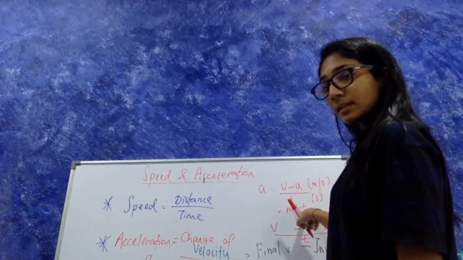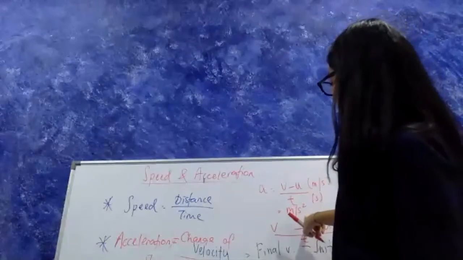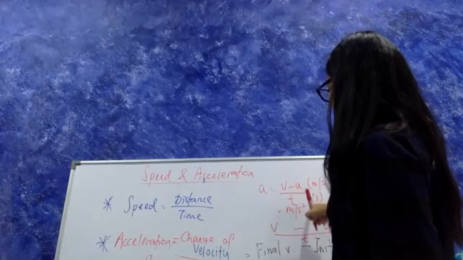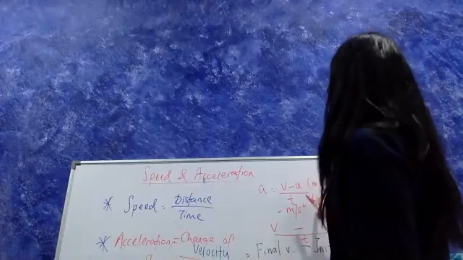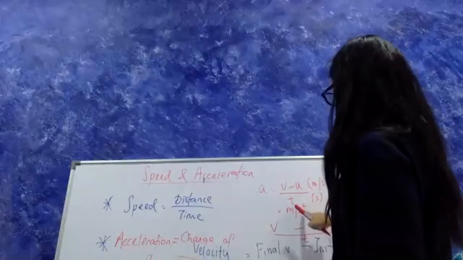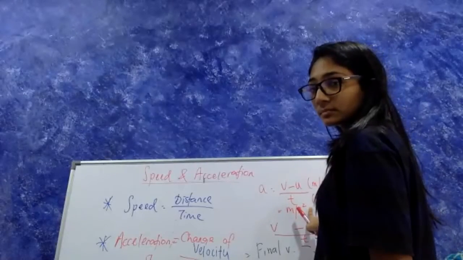Understand? So speed is meter per second, acceleration is m/s square, because speed is already in meter per second, and then time is another element, the unit of time here is second, so it will be second square. Does that make sense?